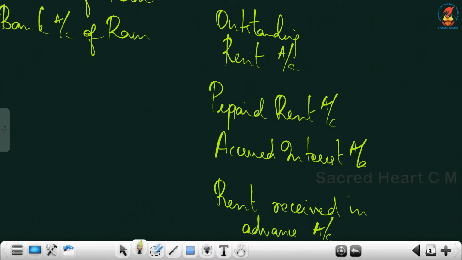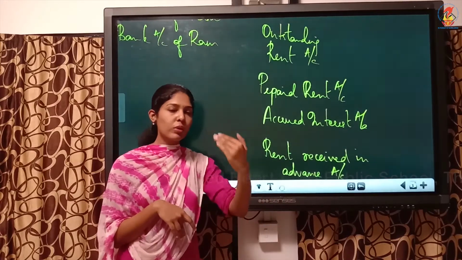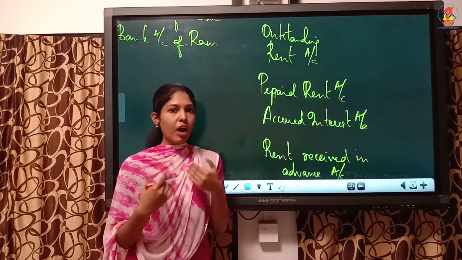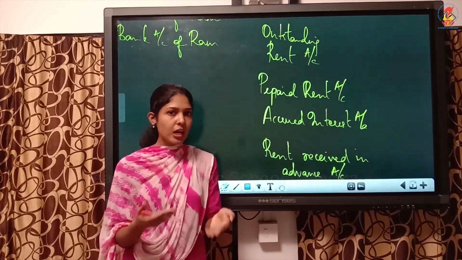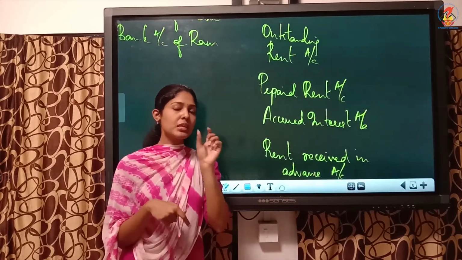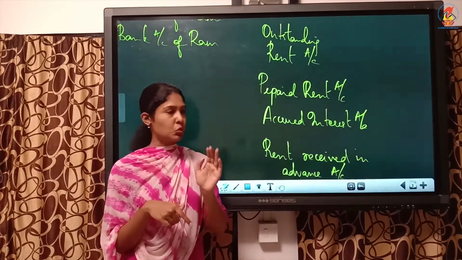Meaning is, this represents, we will take outstanding rent. Outstanding means the expense which we have not paid yet, it is still outstanding. What is the nature of outstanding items? It is a liability. If you pay, that means paid items means not a liability, that is an expense, that you must know.